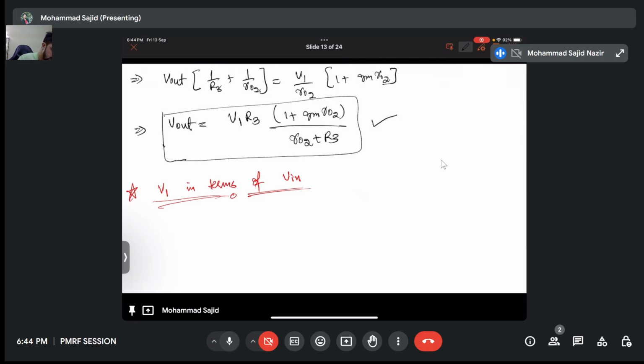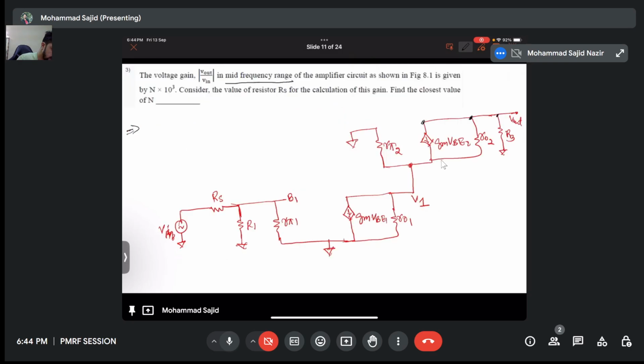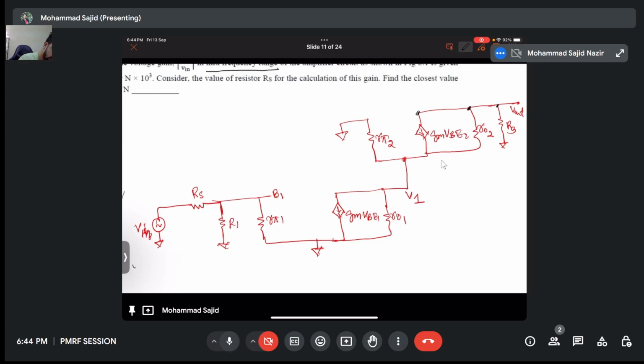So let me just redraw the circuit, only this part.